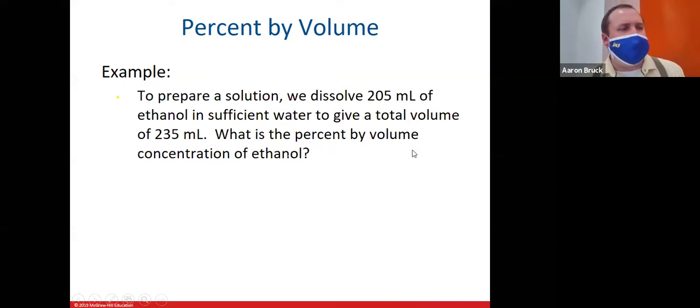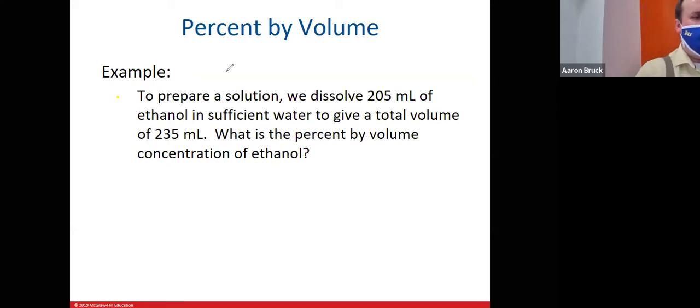So take this example. To make a solution, we dissolve 205 milliliters of ethanol in enough water to make 235 milliliters. What is the percent by volume concentration of ethanol? Well, in this case, that's our top value.